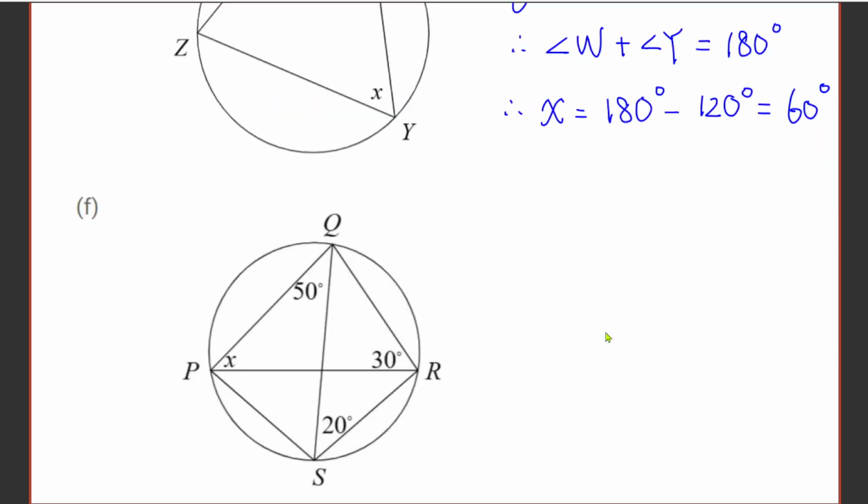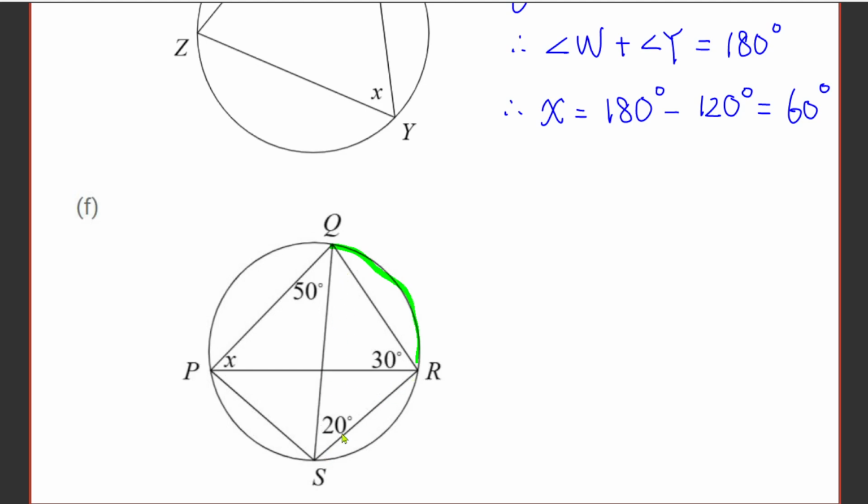Okay, if not, let's consider the last one of question number 10. So here we know angle QPR and angle RSQ are inscribed in the same arc. Can you see why? QPR is here, which is inscribed in this arc QR.